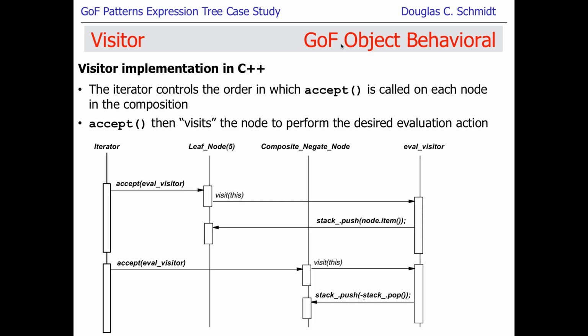The call to visit this is the double dispatch. This is the first dispatch, which finds you the right composite subclass. Once you've got the right composite subclass, you then say, visitor, come visit me, and that finds you the right visitor subclass. Then, depending on what type the subclass is, that picks the right method to dispatch.